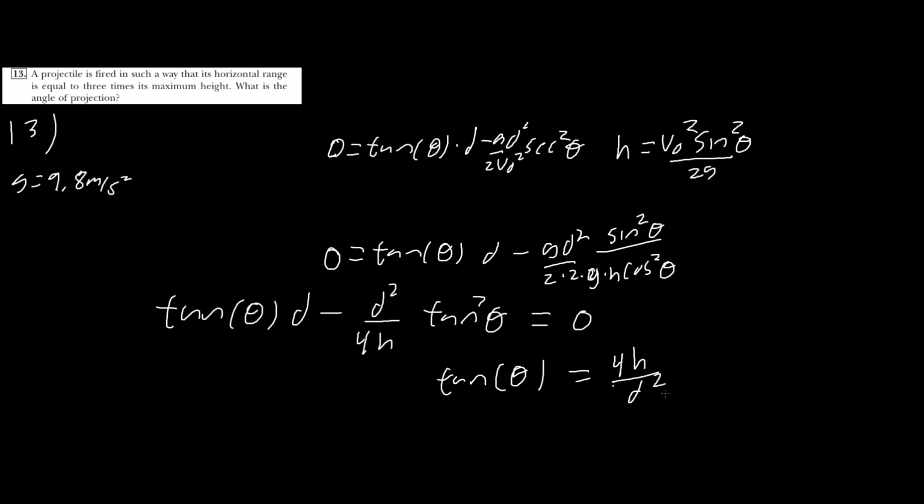And I feel like something should cancel. I'm a little confused, folks, because I do believe something should cancel off. Anyway, let me fix this. I don't know where. I know this equation is correct, I know that much.